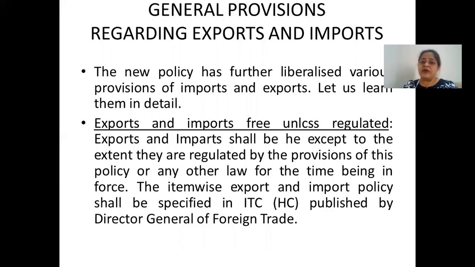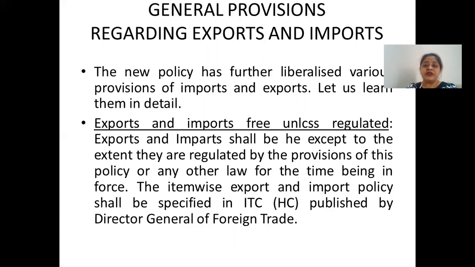Then we talk about the general provisions regarding exports and imports. These transactions are entered into with different countries, so there should be different treaties and different categories of goods. After the liberalization of the economy in 1991, the major purpose was to promote exports and to have certain restrictions on imports.